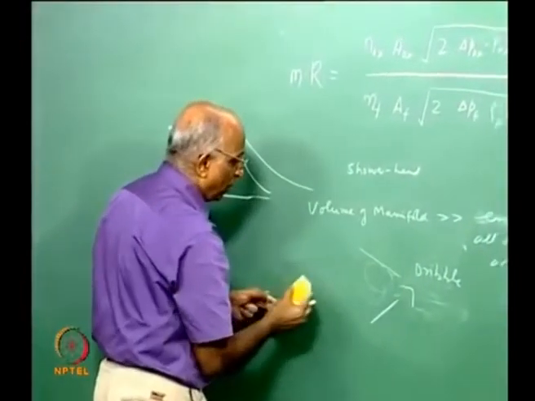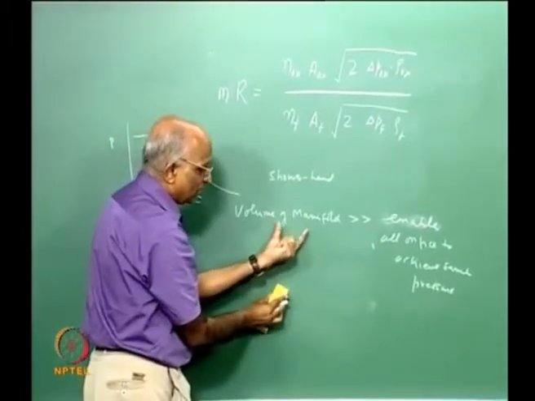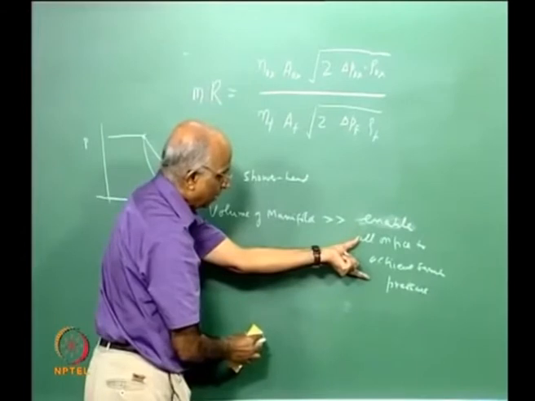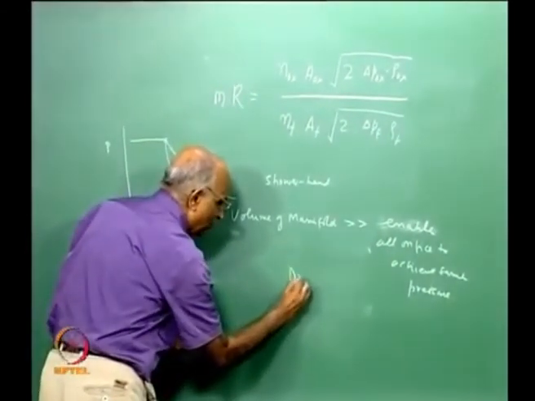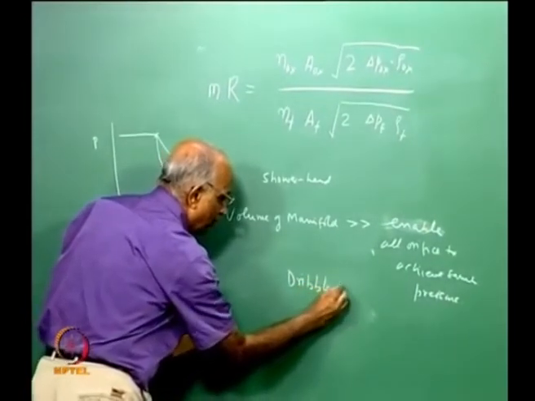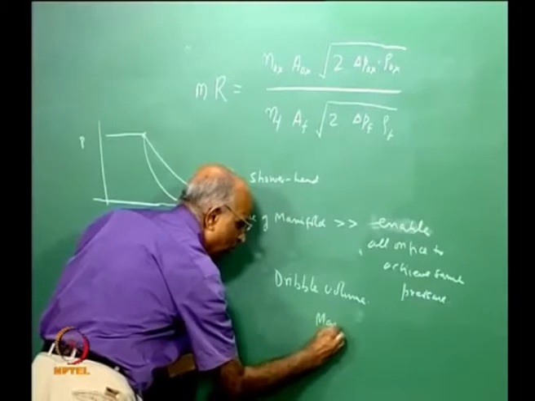Therefore, even though I would like to have a large volume of the manifold such that I can supply to all the orifices at constant pressure, from the considerations of dribble volume, I would like to keep my manifold volume small.